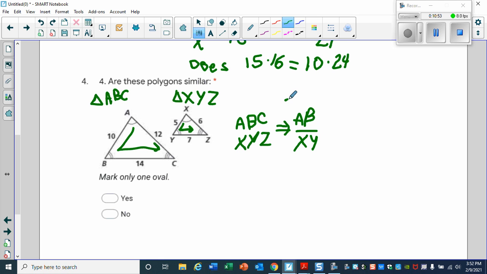Then you have to look at BC. BC corresponds to YZ.